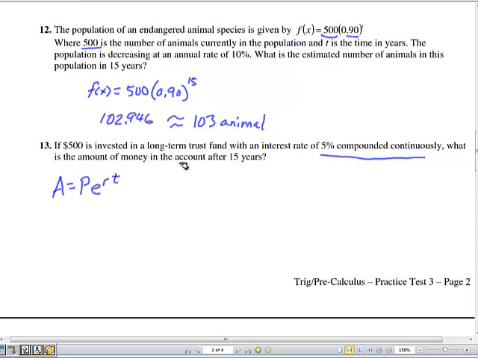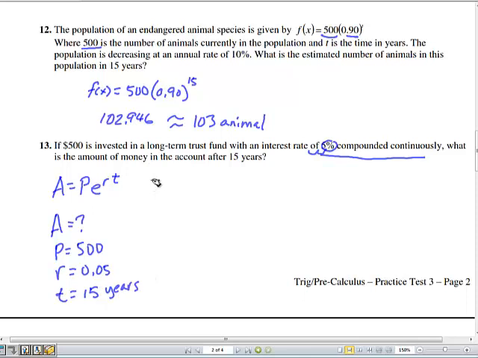What is the amount of money in the account after 15 years? So what is the amount after 15? You're solving for A, P is the initial amount, and R is equal to 0.05. Move the decimal over 2 times because of the percent sign. And then T is equal to 15 years.